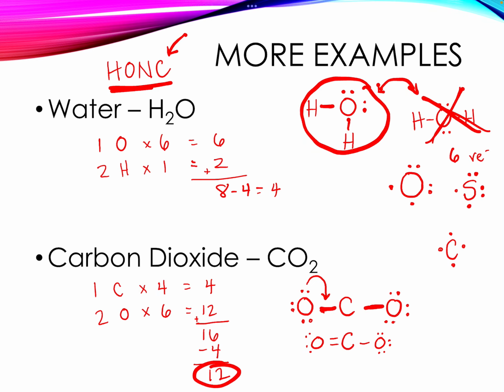So now carbon has 3 bonds going to it for a total of 6 electrons. So we got closer, but we're not quite there. So what we're going to do is take a lone pair from the other oxygen and share it as well. So it'll look like this. Looking at this, each oxygen now has 2 lone pairs and 2 bonds for a total of 8 electrons.